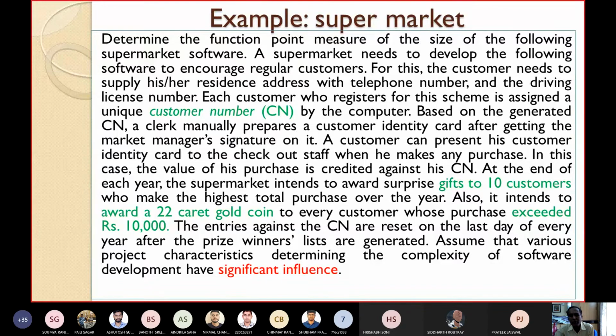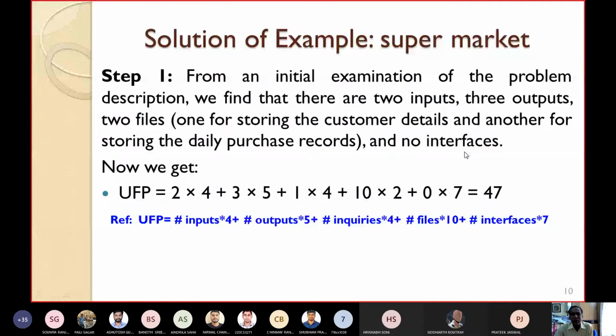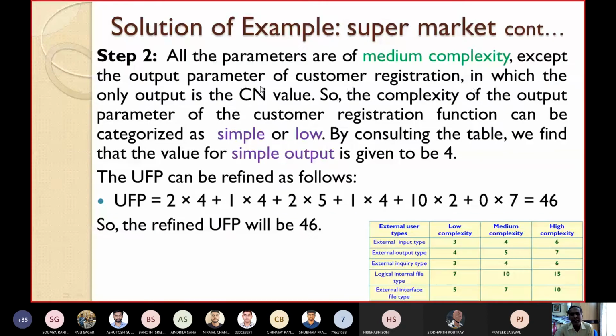That's a very easy thing. You just supply your input and it gives you a registration number or an identification number such as the customer number. No complexity here at all. So that's why this output can be considered of low complexity. Initially I thought that all are average, but when I carefully read the problem description, I found that generating the unique identification number is very easy.